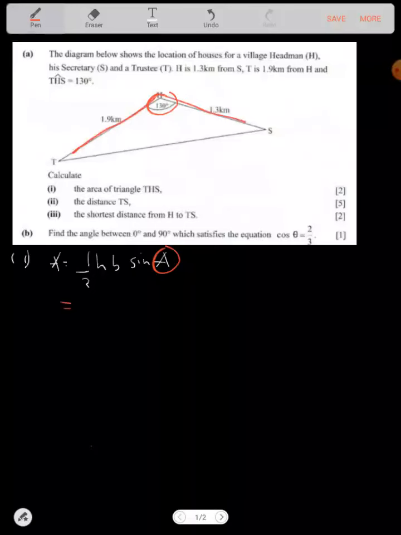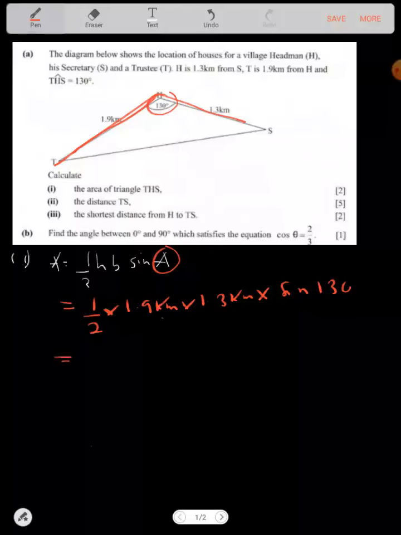So we say this is half, times 1.9, times 1.3, times the sine of 130.